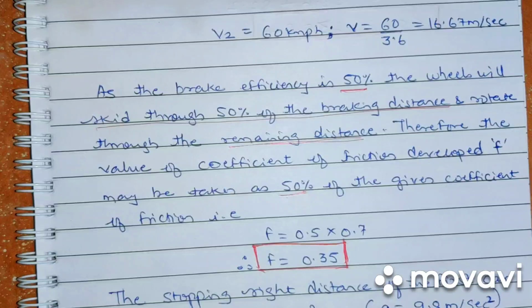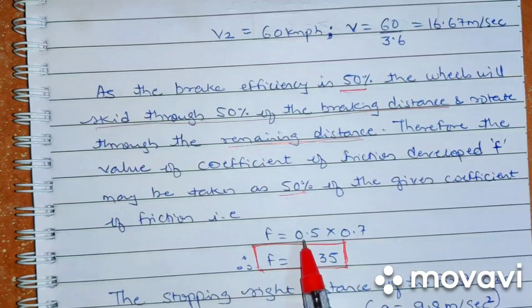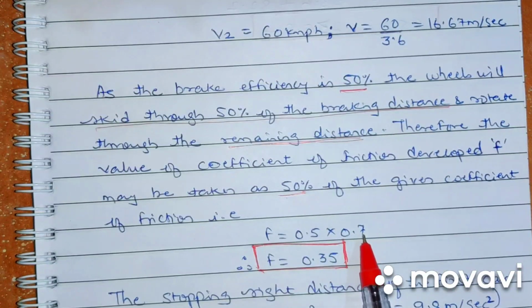That means once the brakes are applied, the car will still move a certain distance further. Hence, the coefficient of friction has to be taken as 50%. So 0.5 multiplied by 0.7, the coefficient of friction given to us, hence effective f will be 0.35.